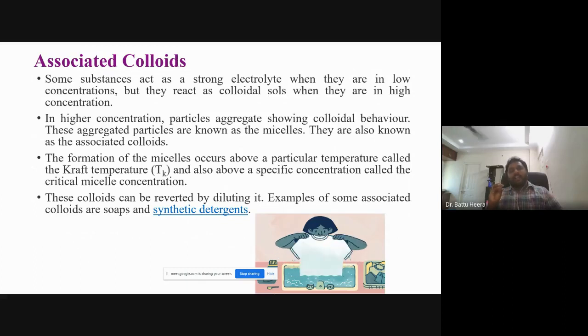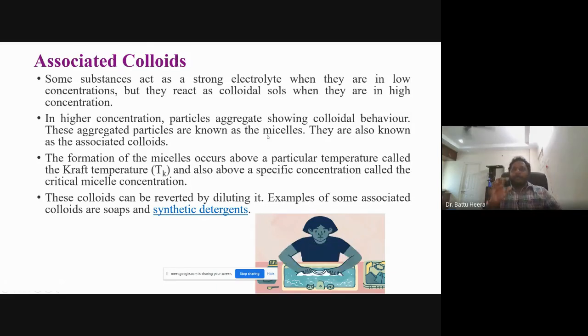But they behave as a colloidal solution when they are in high concentration. Okay, when the electrolytes are in high concentration, they act as a colloidal solution. So this concept is called associated colloids. See, in the higher concentration, the particles aggregate. The colloid particles all aggregate, showing colloidal behavior. These aggregated particles are known as micelles.